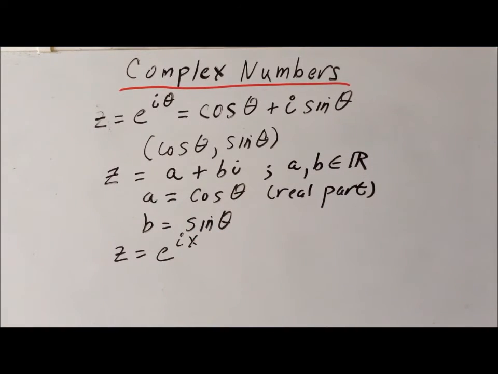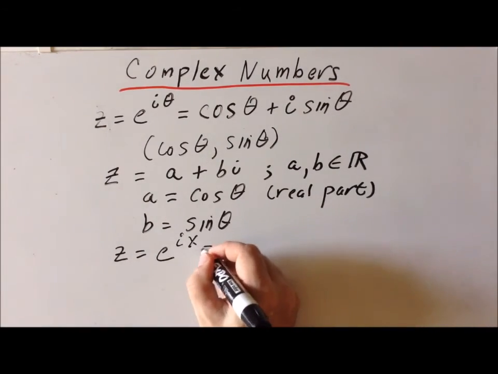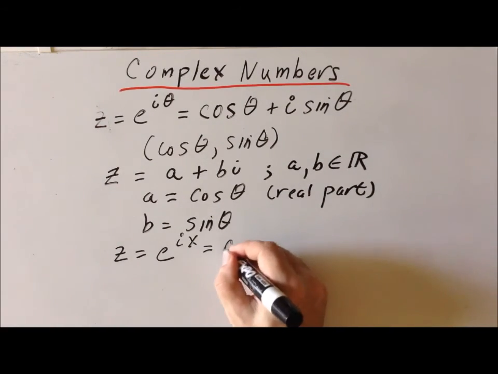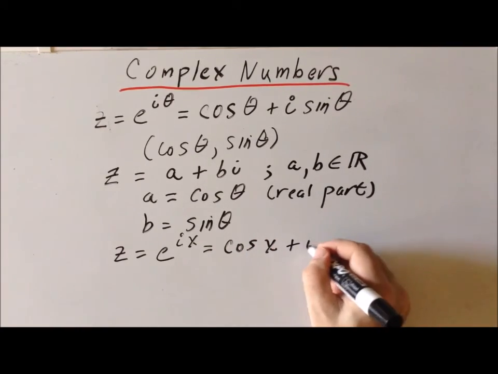So instead of writing e to the i theta, we're going to write e to the ix, which means exactly the same thing. It's just easier to write, and that's typically what chemists will do. So Euler's formula applied to our expression now is simply going to be cosine of x plus i times the sine of x.